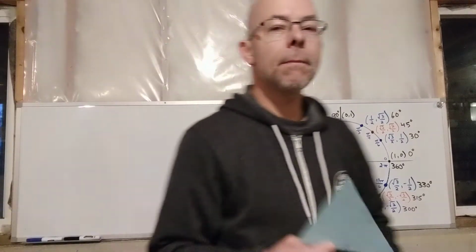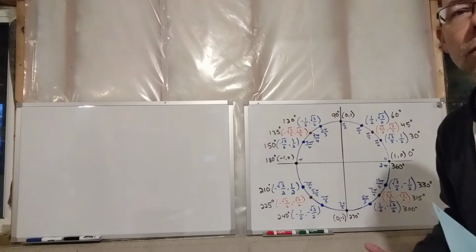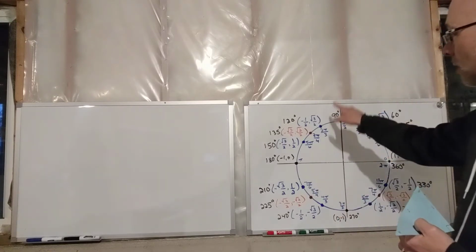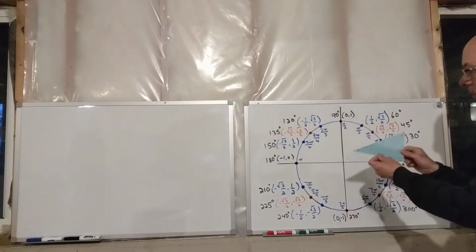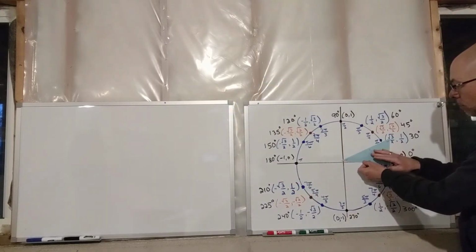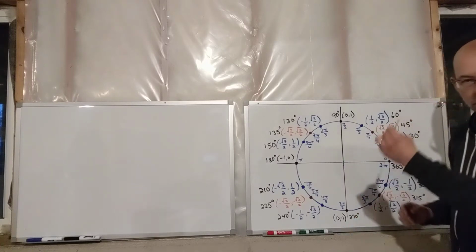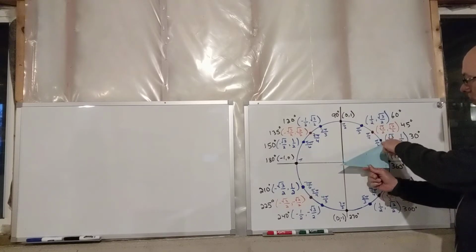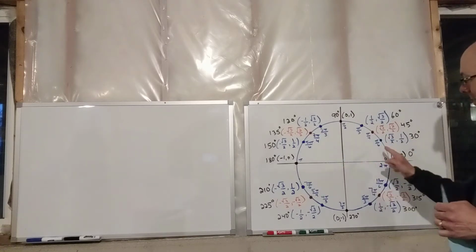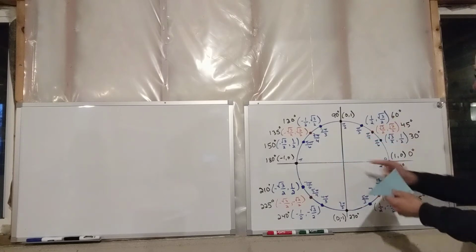Well, I want you to remember these points that are up here. First of all, I don't know if you can see the colors really well, but everything that's a blue coordinate came from this triangle. Remember, this triangle was originally placed here, and this lined up with this point, which means to get to that point, it's going square root of 3 over 2, 1/2.